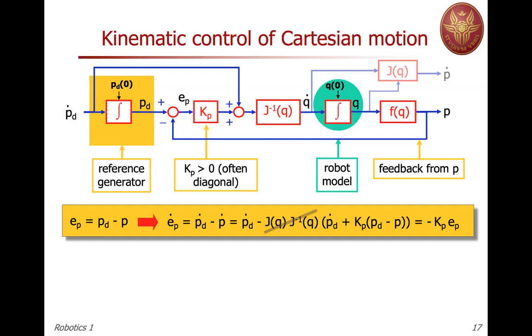And you have a perfect decoupling. If you start with one component of the Cartesian space which has 0 error, and the other has an error, then during this transient, the one that starts with 0 error remains at 0 error, the other will converge to 0 exponentially. There's no coupling in the Cartesian space.